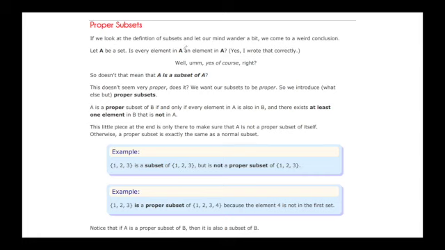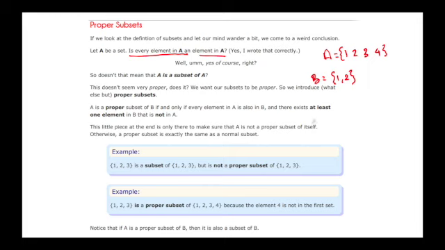If we look at the definition of subsets, let A be a set. Is every element in A an element in A? So take this for example. I have the set A, which is 1, 2, 3, 4. I have the set B, which is 1, 2.